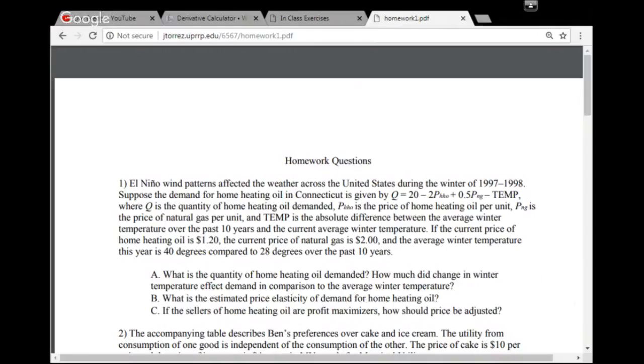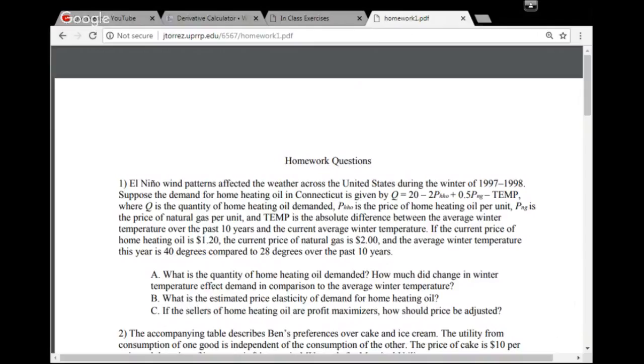Okay, so the next question is, if the sellers of home heating oil are profit maximizers, how should price be adjusted if I want to increase revenue? Is demand elastic or inelastic? Let's see. Okay, sorry.